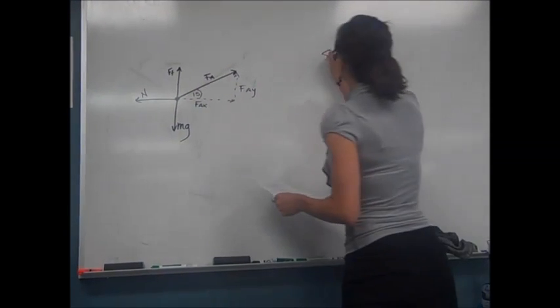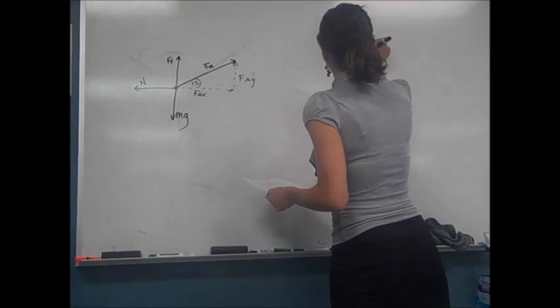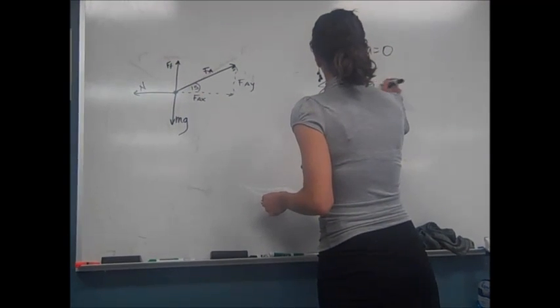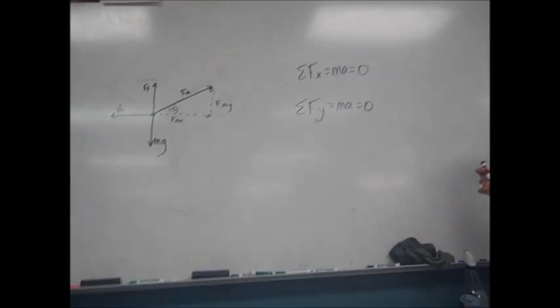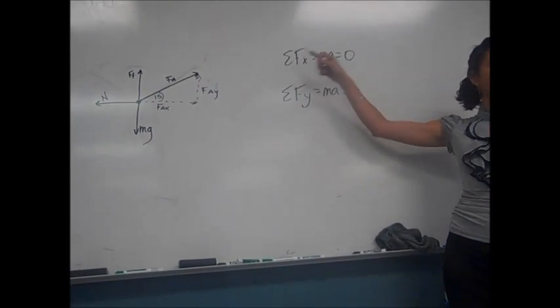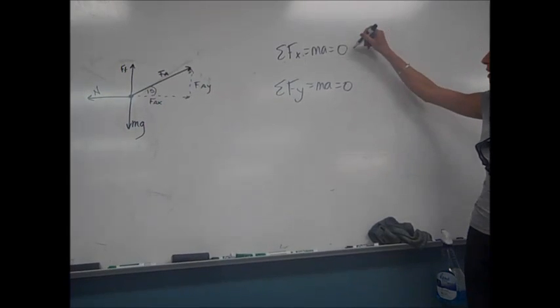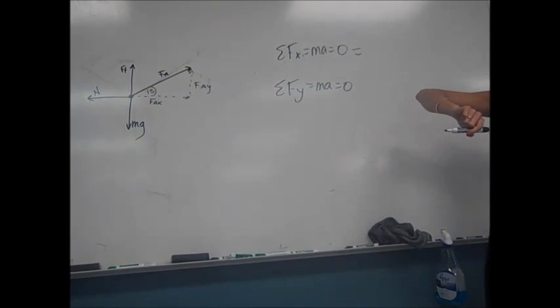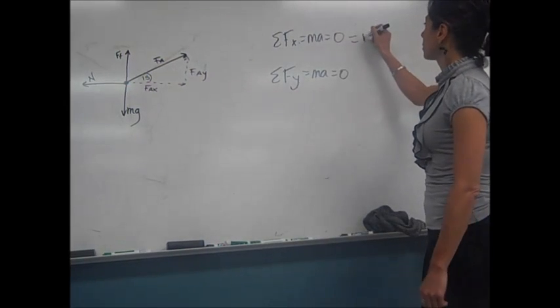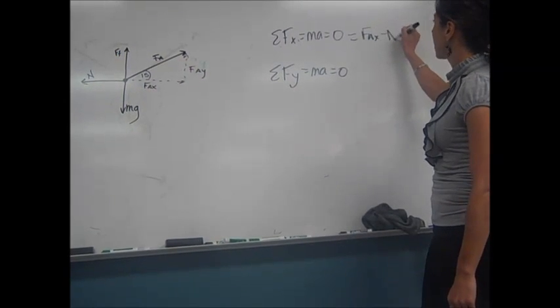Yeah, net force equals ma, but that equals 0 in both the X and the Y direction. Okay? And then you follow the directions. It says sum the forces. Sum the forces, set it equal to 0 in this case. So in the X direction, I have all of the right forces minus all of the left forces. So FAX minus N.